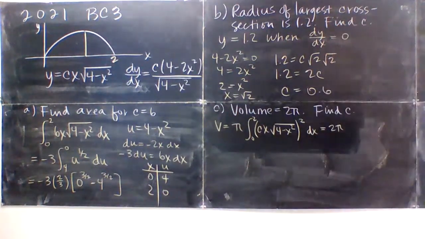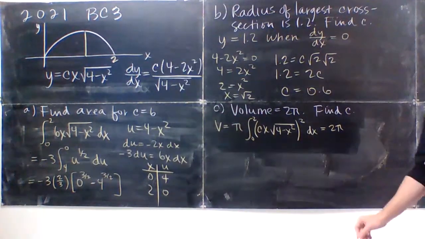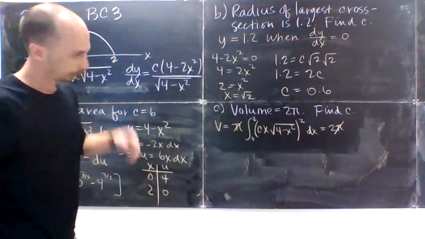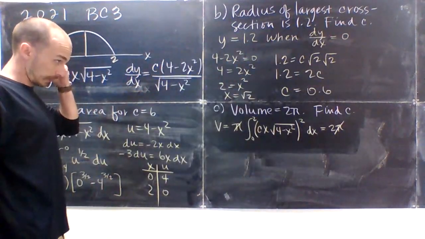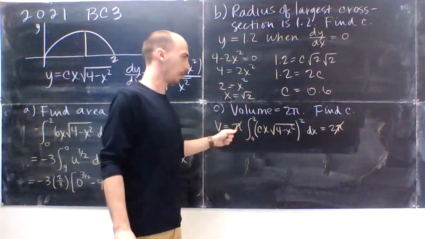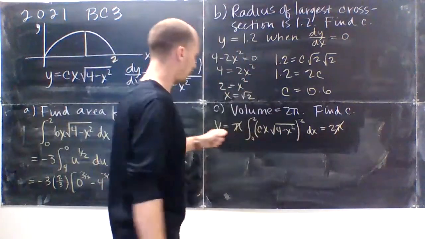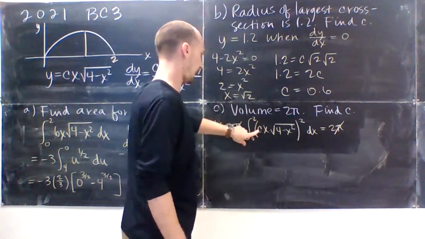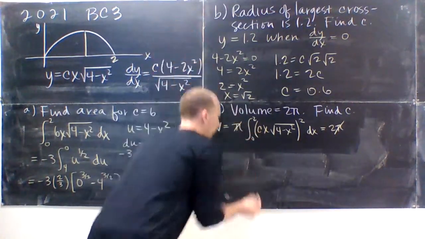Yeah. Now the first thing I'm going to do is divide both sides of this equation by pi, just so I don't have to be worrying about that, right? It's one less thing. Then I've got this equaling 2. But I know when I square this, I'm going to have a c squared, and I can factor that out in the front. So maybe I'll write that.